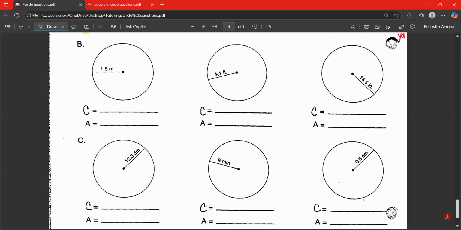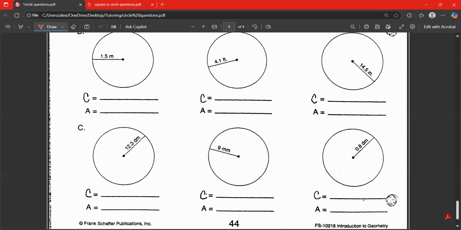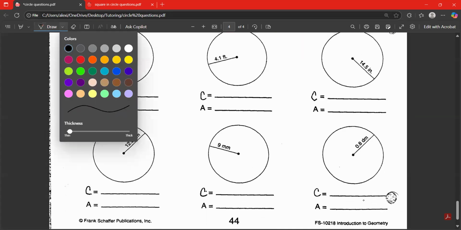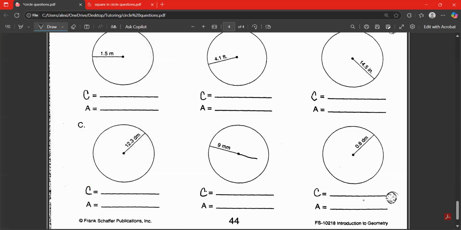All right, great. I am going to make up an example where they give us diameter. And let's see what we would do. So let's pretend like this whole distance in this example is diameter, okay? So the diameter is 9 millimeters. In order to calculate area, I need the radius, but I can calculate the circumference. The circumference will be pi times diameter, which is 9, and that just becomes 9 pi. That's done.